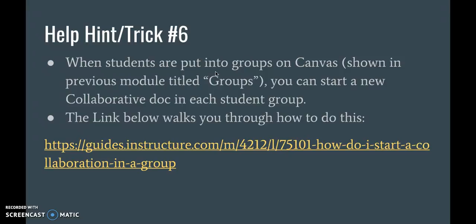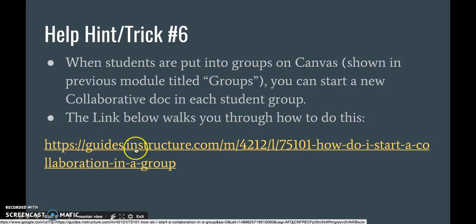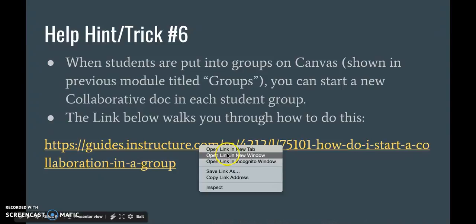You can put a document for a group inside of a group for student groups, which sounds a little bit confusing, but once you start to understand how to create groups, it's an awesome feature. So let's look at how you would do that. This is the link that you would use if you want to come back to it, you forget, or you just want to get a refresher.